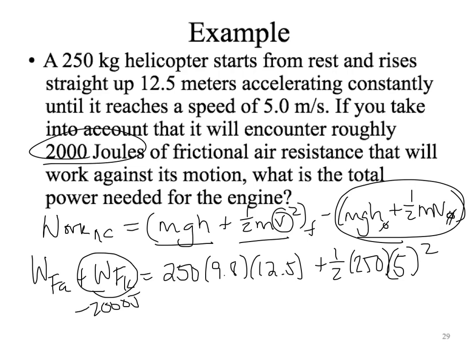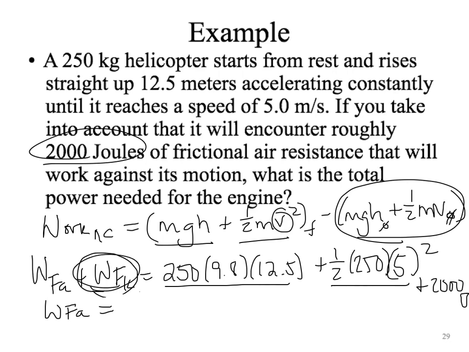So I'm going to add it over to this side, adding 2,000 joules. I'm running out of room here, so I'm going to erase a little and bring that over and show you the math. So my work done by the applied force, or what's going to happen power-wise, is going to be this plus 2,000 joules, adding this over here.